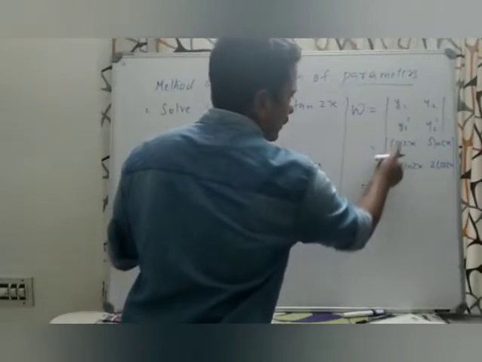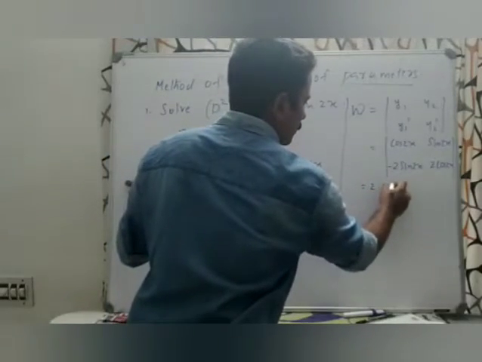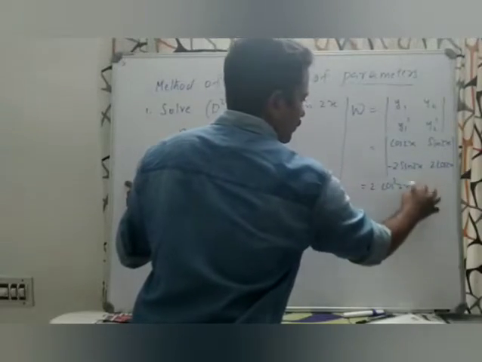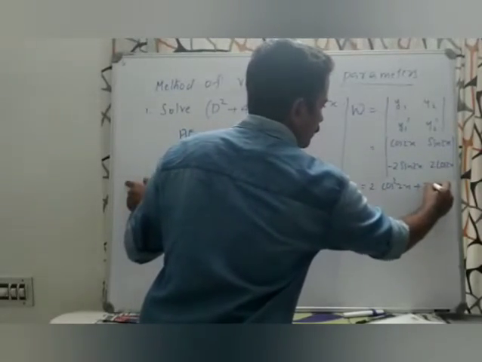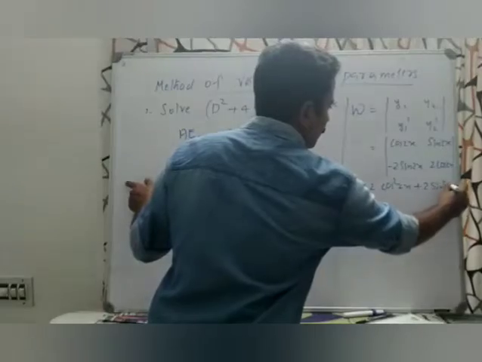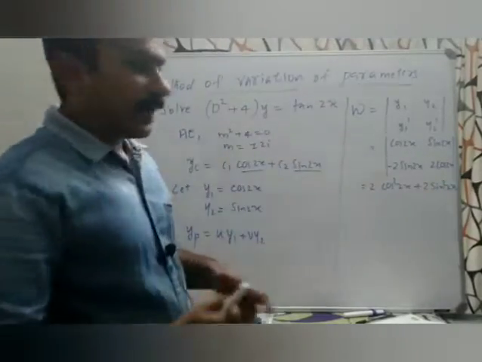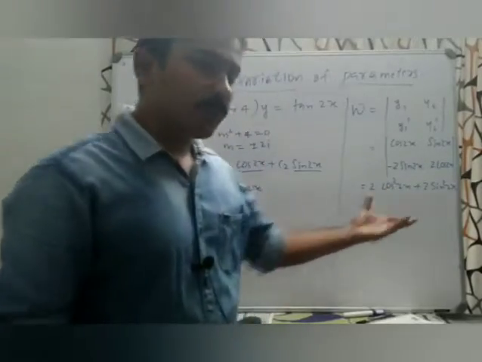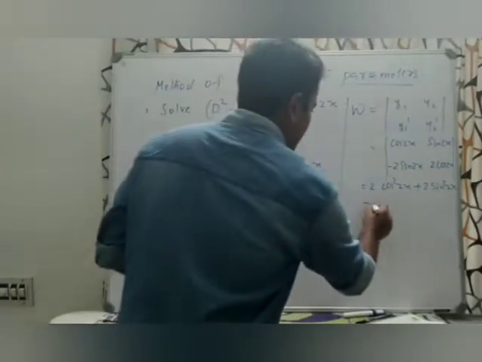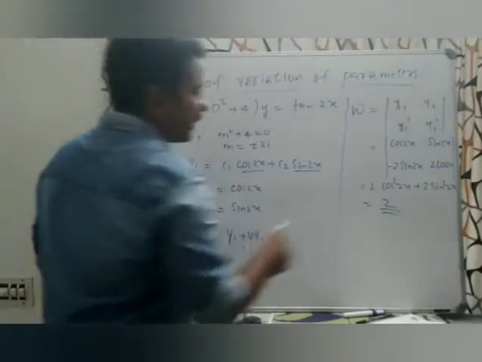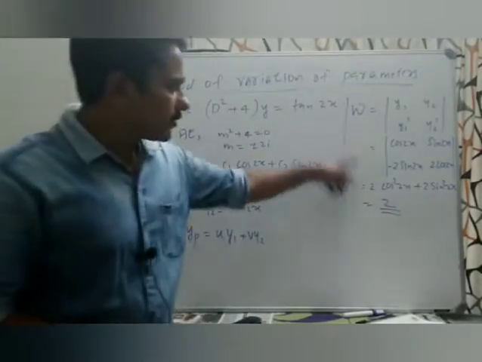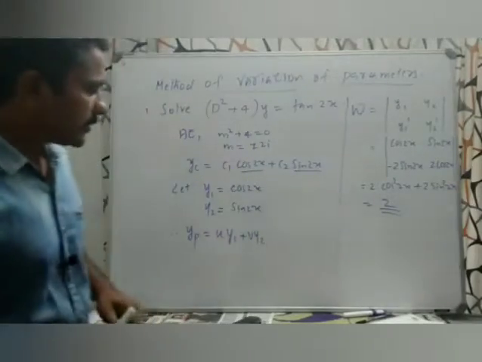When you evaluate, this is 2 cos square 2x minus minus plus 2 sin square 2x, and 2 is a common term. When you take that out, you will get cos square 2x plus sin square 2x. That becomes 1. So the answer is 2. And this is what the Wronskian is. Okay, so we obtain w.